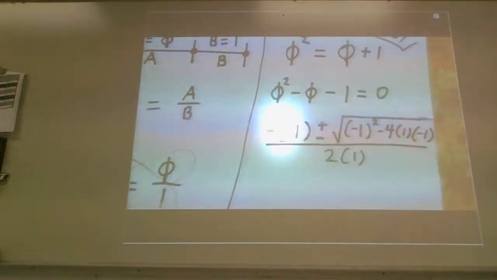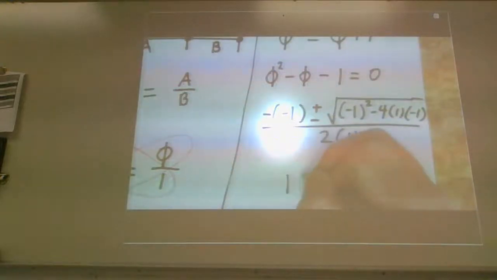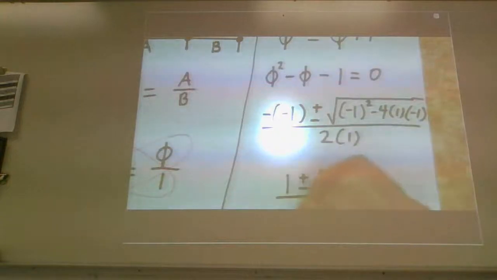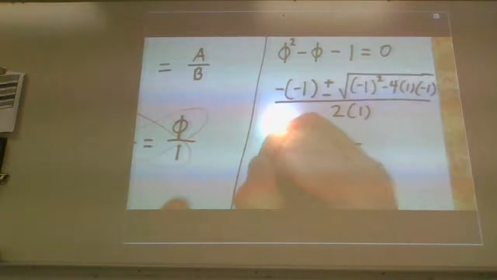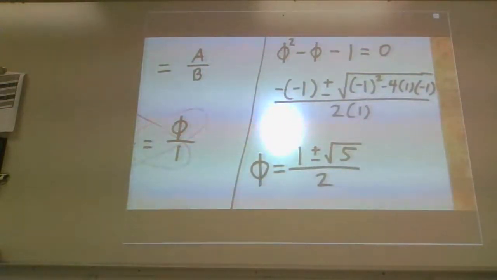To simplify that quadratic down, we would end up getting 1 plus or minus the square root of 5 over 2. This is the exact value of phi. This weird looking fraction. I'm going to show you in the calculator what that numerical value is, but this fraction of 1 plus or minus the square root of 5 over 2 is the exact value of phi.